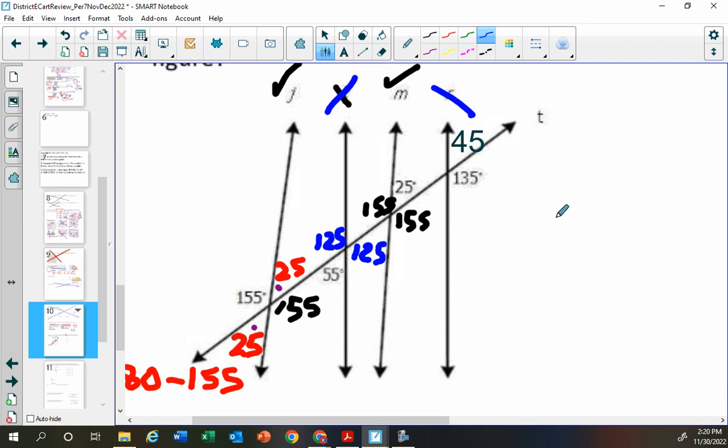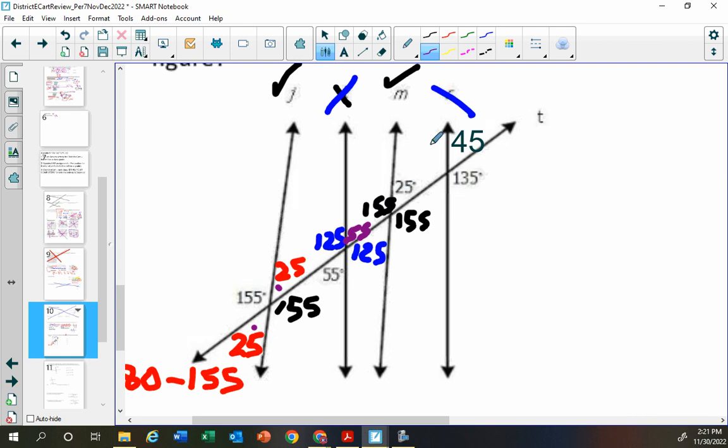That's how you do these types of problems. Notice how J and K didn't work, because 155, 25, but this is 125 and 55. That didn't work. Here you got 155, 25. This worked.